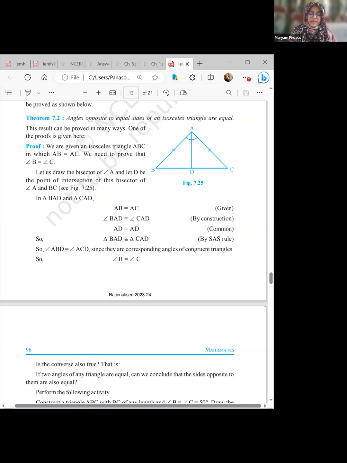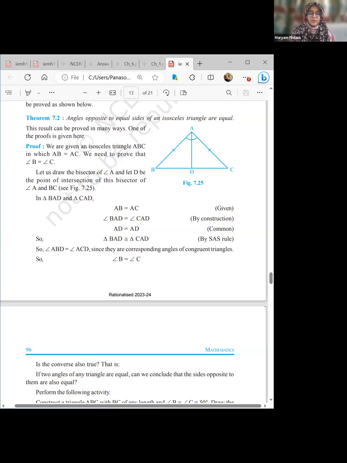Now, the second thing is BD will be equal to what? Who will tell me BD will be equal to what? Come on, this is a very easy question that I'm asking. AC. Very good. Not AC, BD. BD is this one.